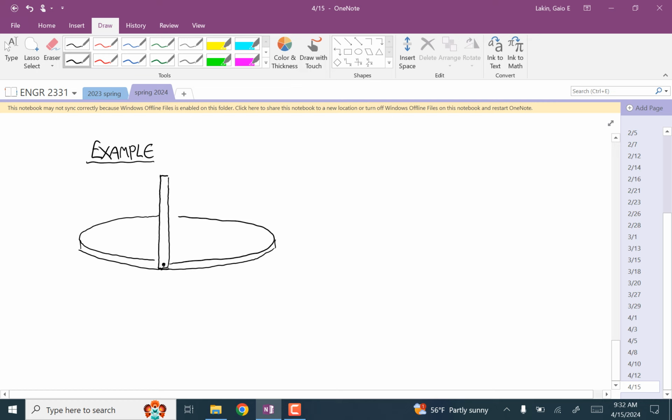Okay, you with me on that? And the disc is rotating around this way at 20 radians per second.